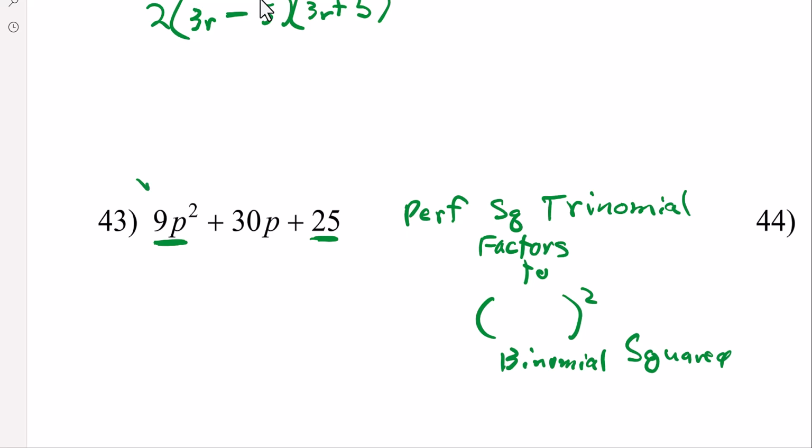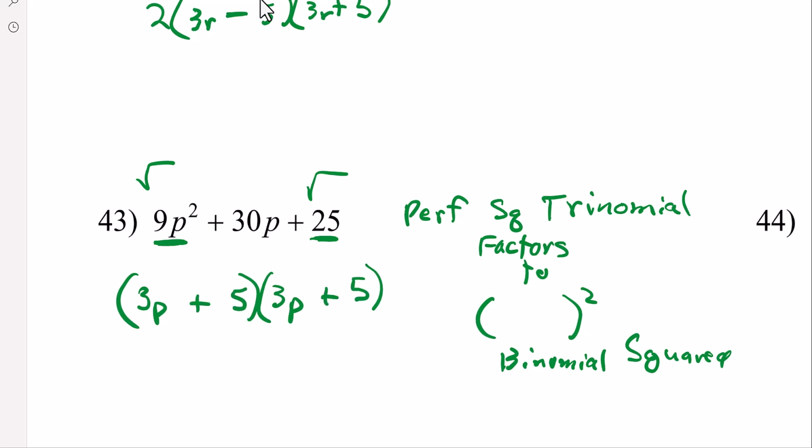So here's this pattern. You take the square root of the first and the third items. So 3p. But these both get, so notice those are identical. We don't need this. We can just square it.